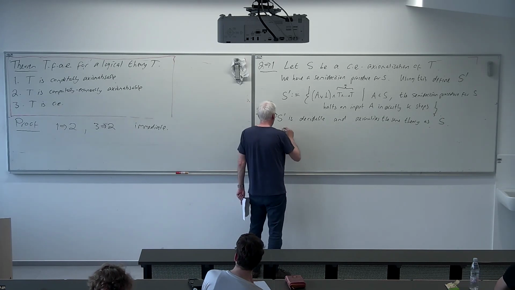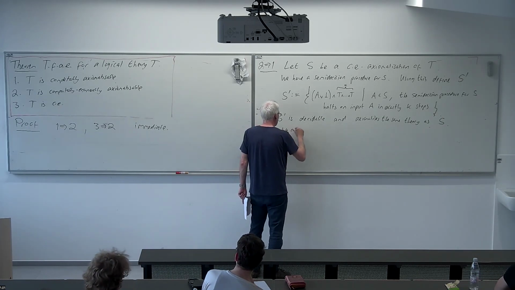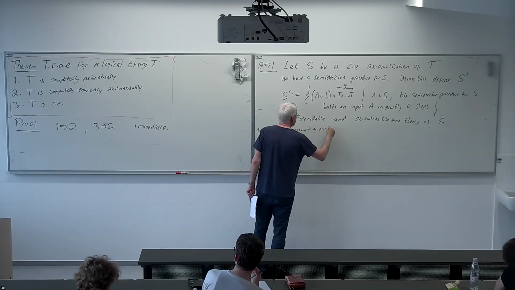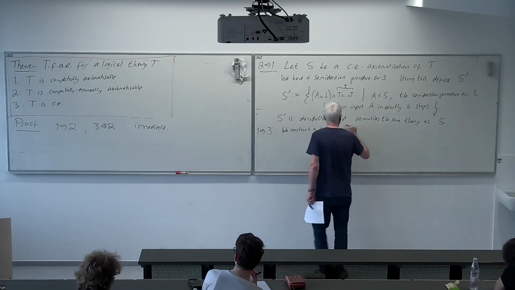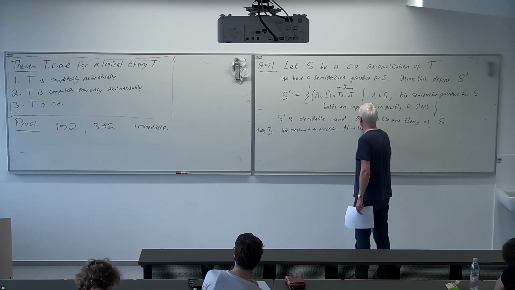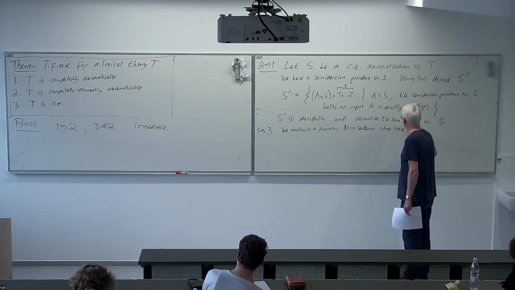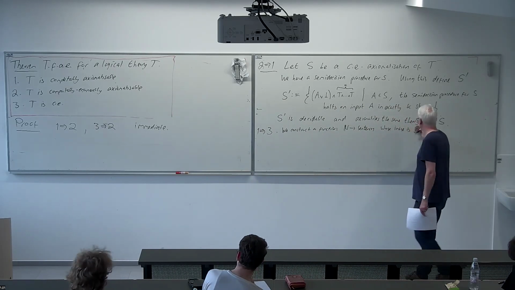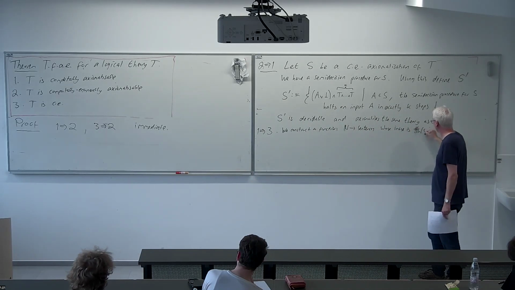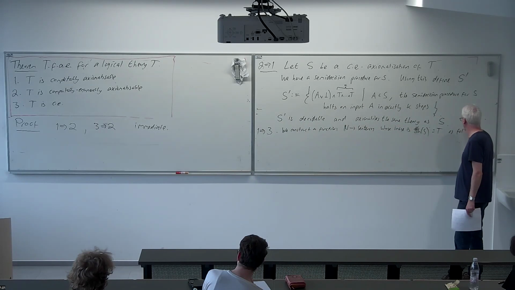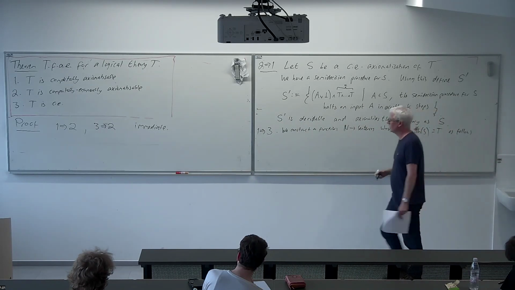So we construct a function from natural numbers to sentences whose image is the theory of S, which is T, as follows.